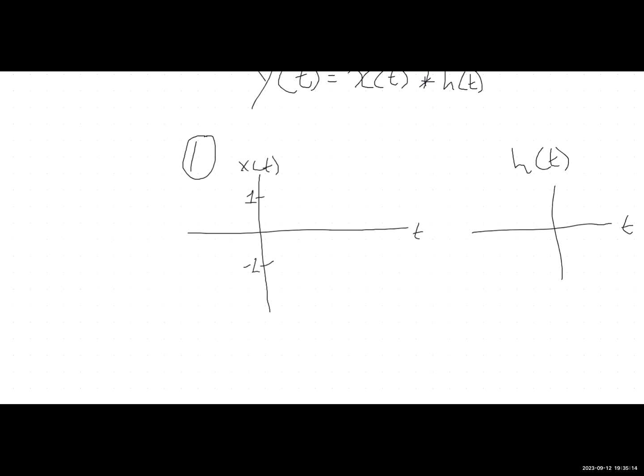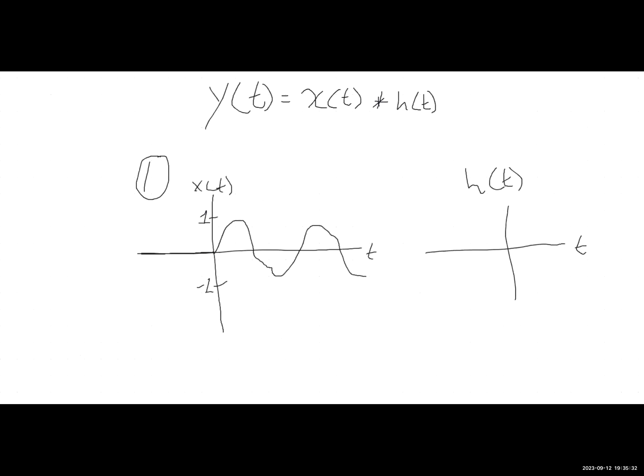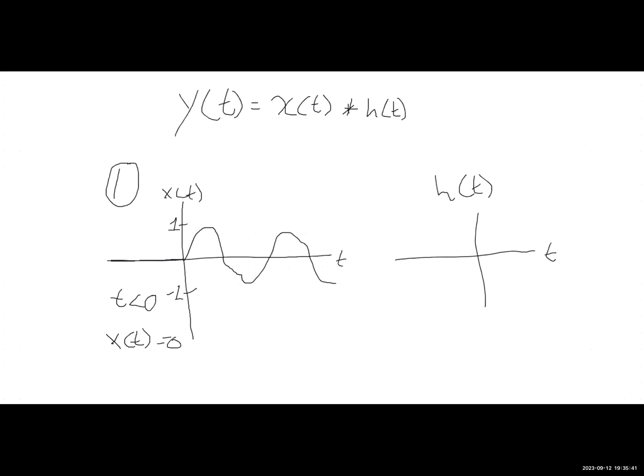So u of t means that it's going to be 0 for everything before 0. And then it's going to turn on at 0 and be multiplied by our sine function. So we're just going to get our sine function after 0. So for t less than 0, x of t is equal to 0. And for t greater than 0, x of t is equal to sine of t.